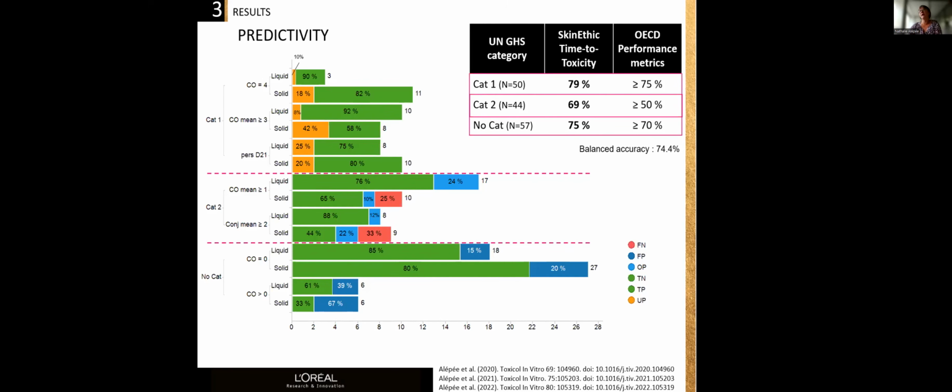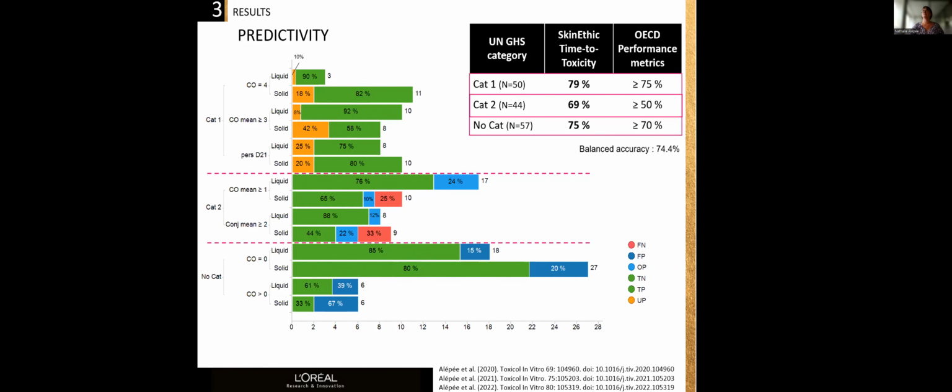And you could see here that the OECD performance metrics that were agreed within the expert group was that at least 75% of the category 1 chemicals should be identified as category 1, 50% of category 2, and over 70% of no-cats.